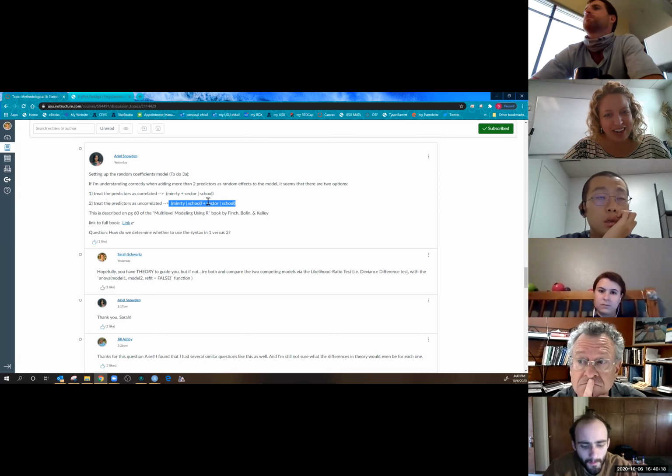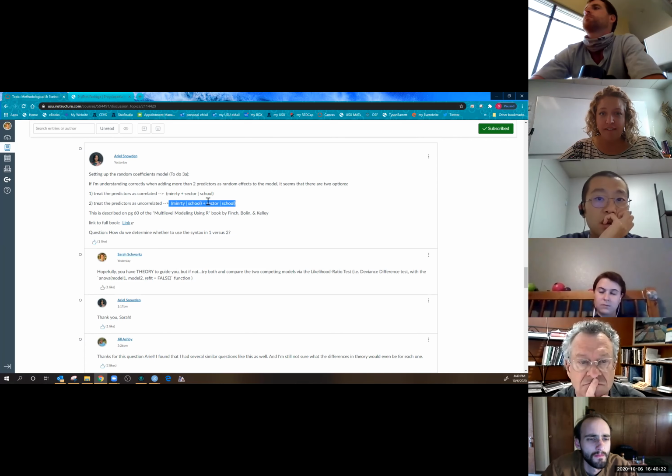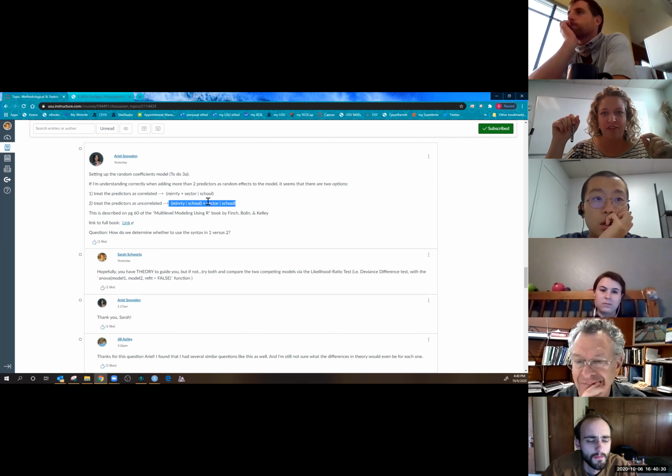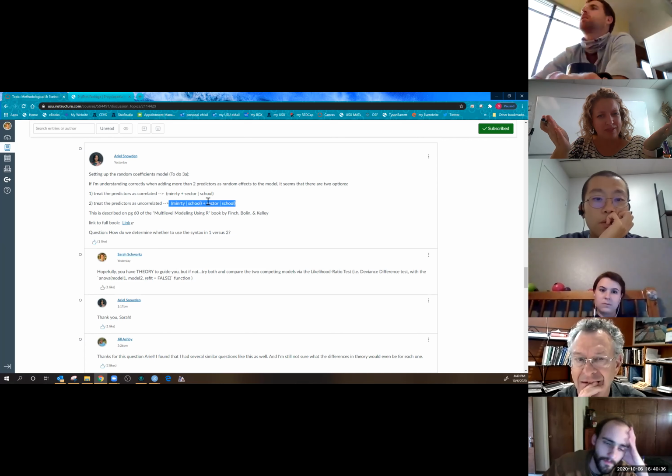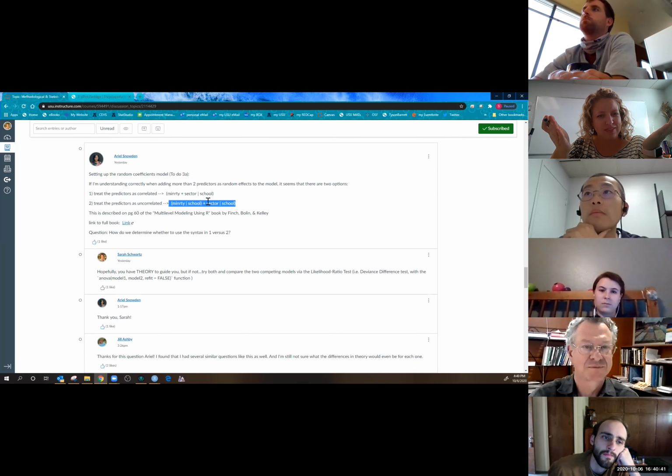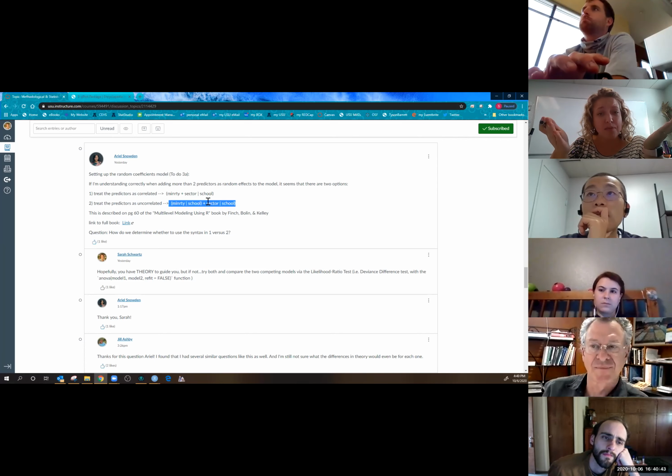Hopefully you have theory to guide which one of these makes more sense. If you don't have theory, fit them both and compare the fit with the Anova command to do the likelihood ratio test. Now, in this case, they would differ on a fixed effect or a random effect? Random. They differ by a random effect.